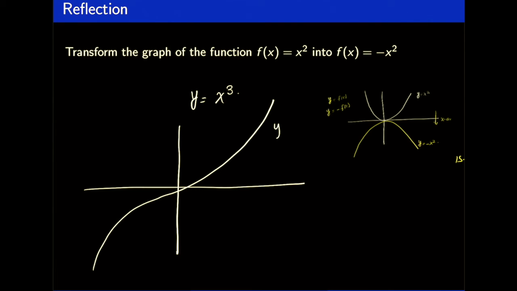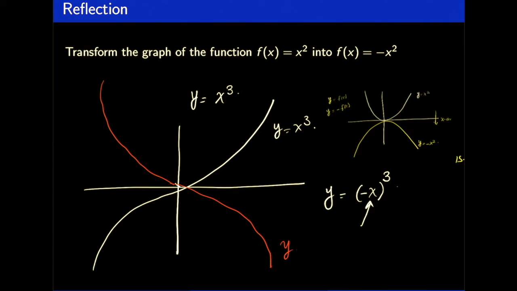This is the graph of y is equal to x cube, you know. And if I multiply a negative sign to the input, what it is going to do is flip the graph this time on the y-axis. This is the graph of y is equal to minus x cube.